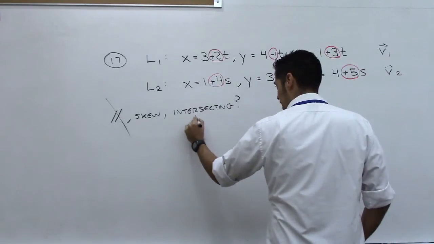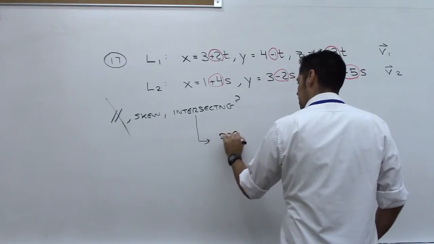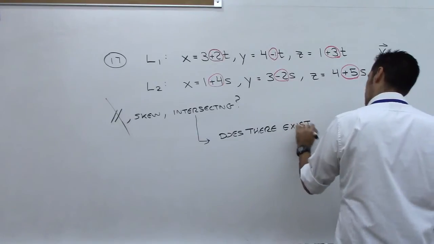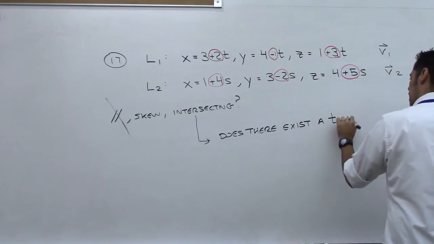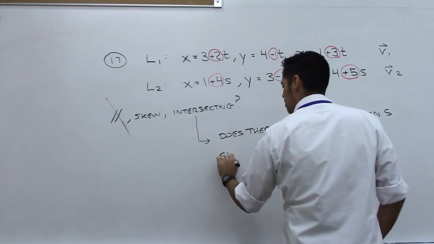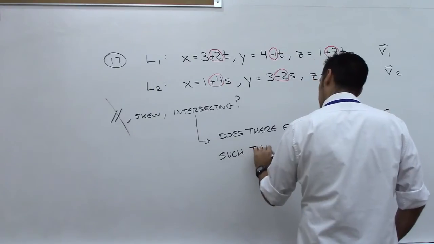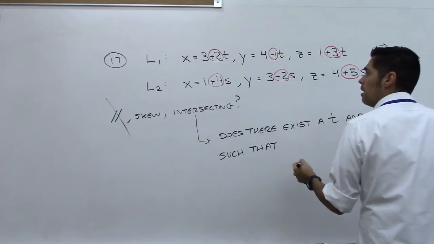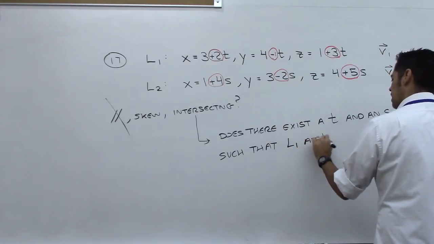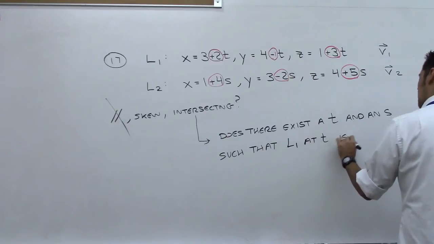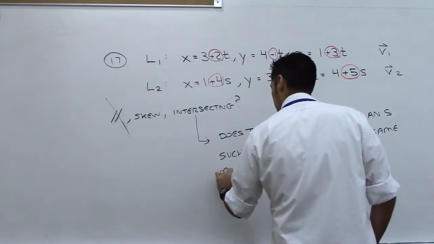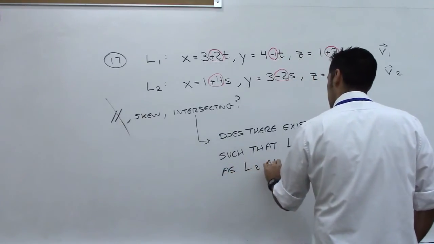So the question for the intersecting is this. Does there exist a t and an s such that the first line, L1 at t, is the same as L2 at s?